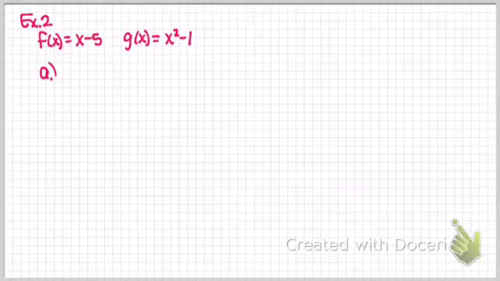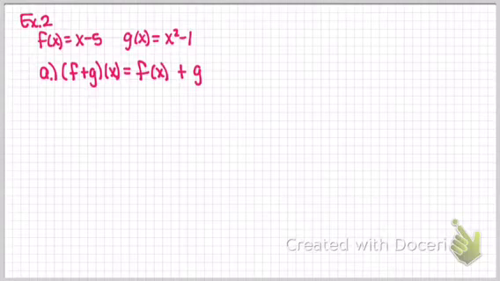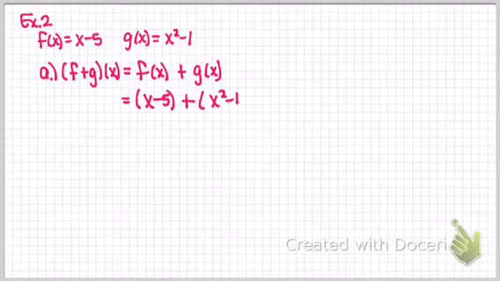And A says we're going to find f plus g with respect to x. Remember, that just means our variable is x. So we're going to take our f of x function and add our g of x function. I'm going to put each one in parentheses first. So f of x is x minus 5 plus, and g of x is x squared minus 1.